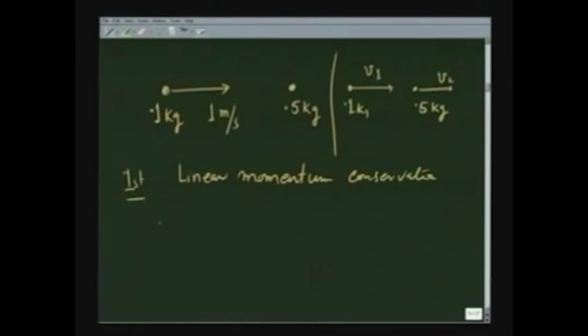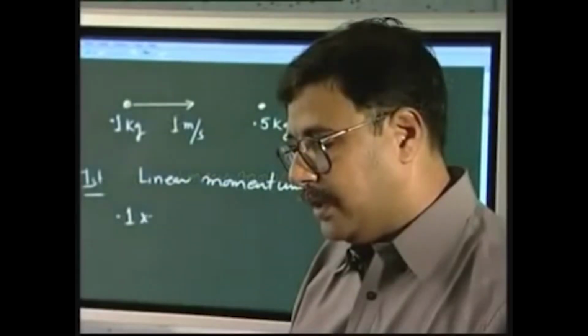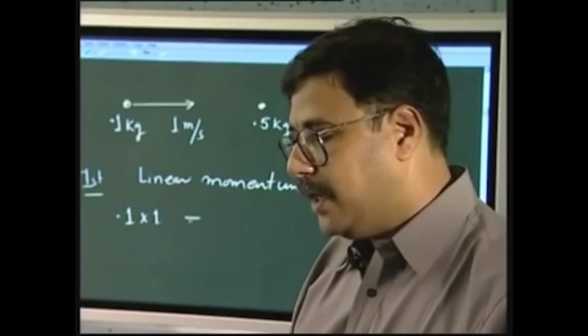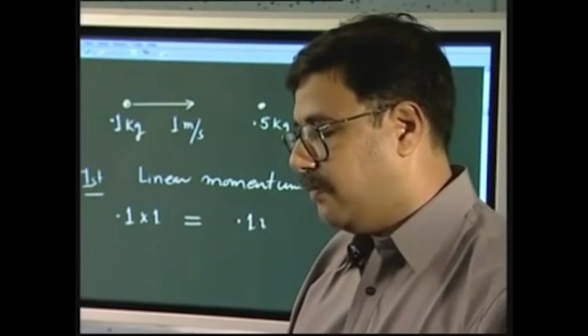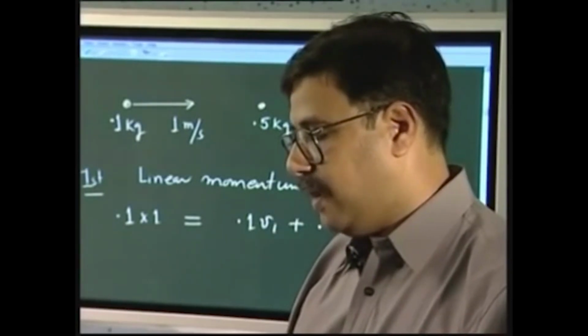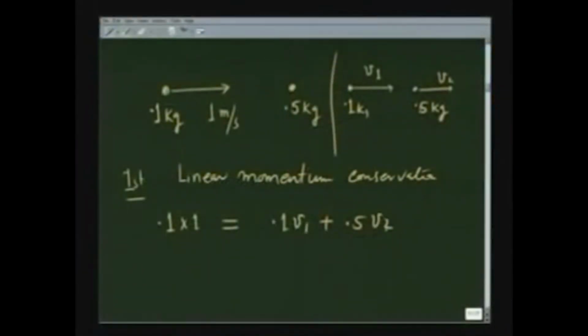Therefore, I must have 0.1 times 1, that is the initial momentum, must be equal to 0.1 v1 plus 0.5 v2. This particle has no velocity, so 0 momentum, and therefore I have 1 equals v1 plus 5 v2. That is my equation 1.